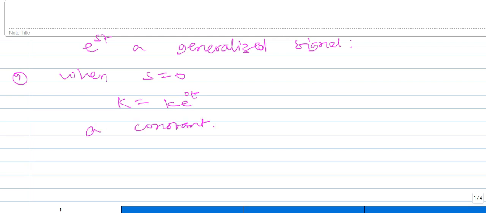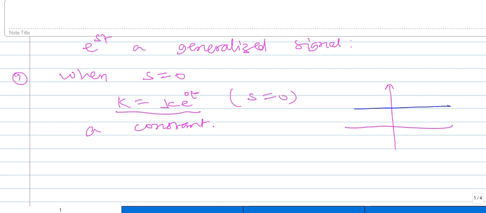When we put s equal to 0, we will get a constant signal, which is this k. If we plot it, we'll get the signal of constant amplitude k. This is time t. This is e to the power st, where s is equal to 0.